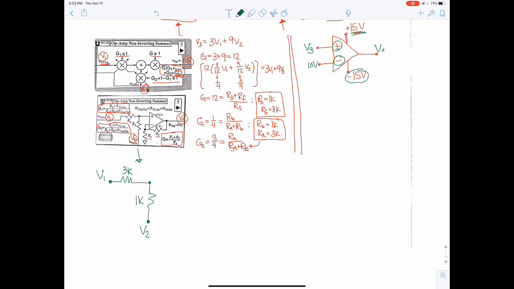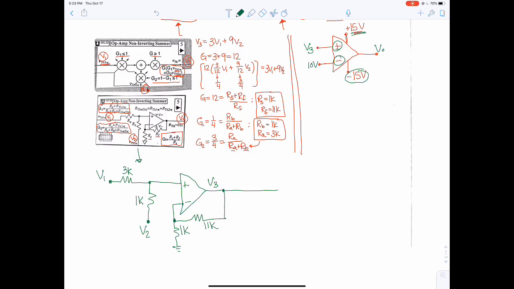Our RB was 1K. That goes into the positive side of the op-amp. And the negative side had the RS value to ground, and the RS was 1K. And then it had the RF value that's fed here, and this output was V3, and the RF was 11K.